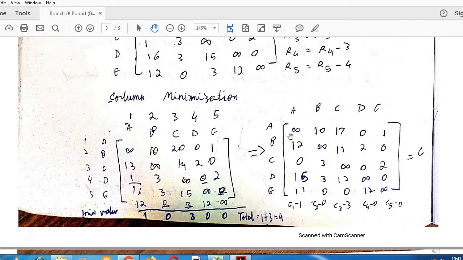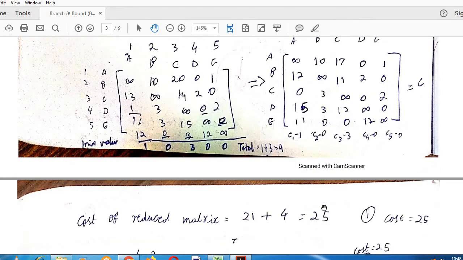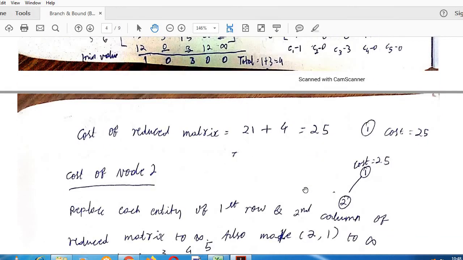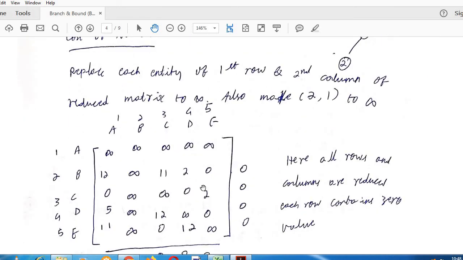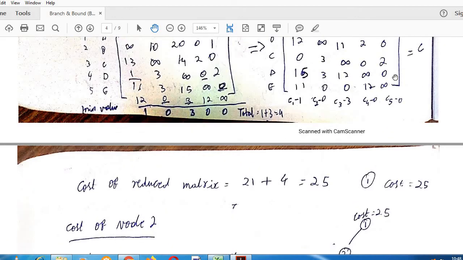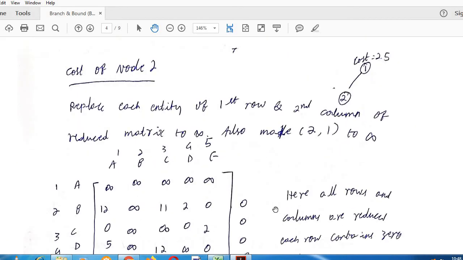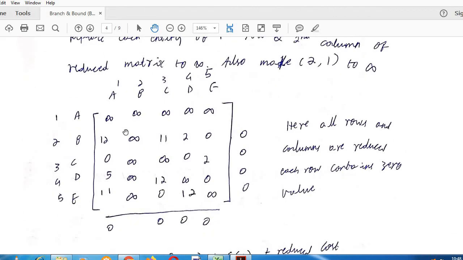So the first row elements are replaced with infinity and the second column elements are replaced with infinity, and then we will get the matrix as follows. The remaining values will be retained as they are. Then I will perform the row and column minimization.